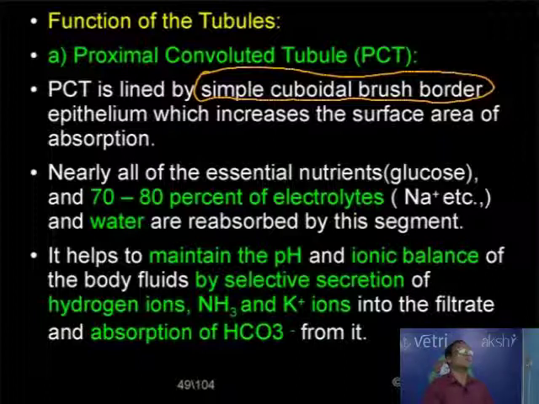This is because of the secretion of hydrogen ions by the different parts of the nephron. Particularly, for example, we have the proximal convoluted tubule. It secretes hydrogen ions along with the potassium and also urea along with ammonia. So thus maintaining the pH of the blood, maintaining the ionic balance of the blood and body fluids.